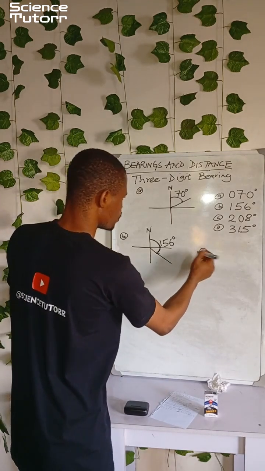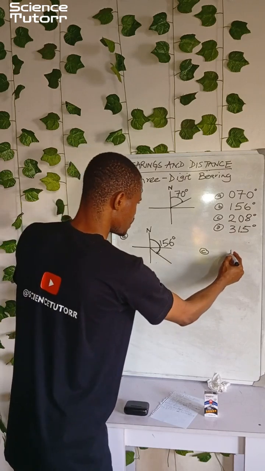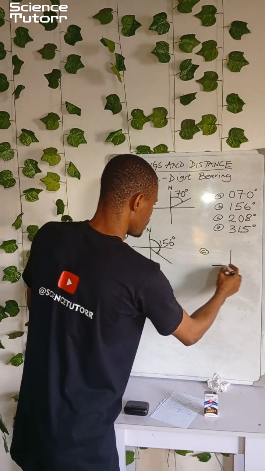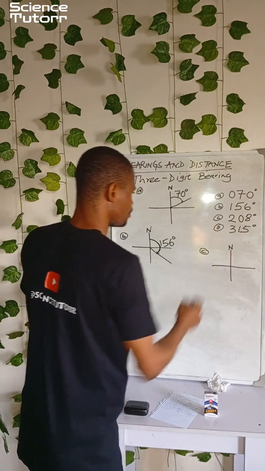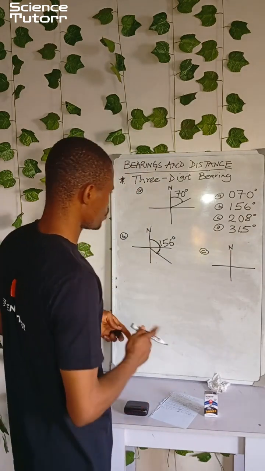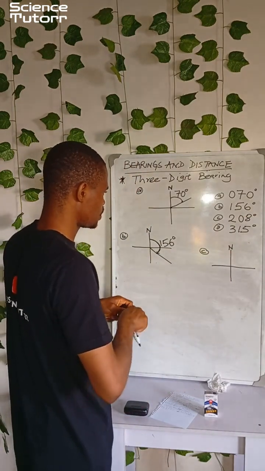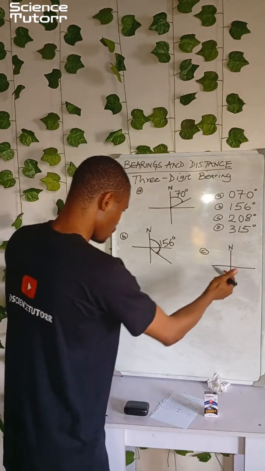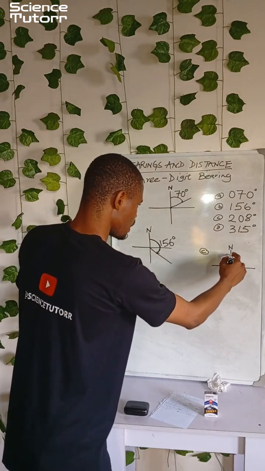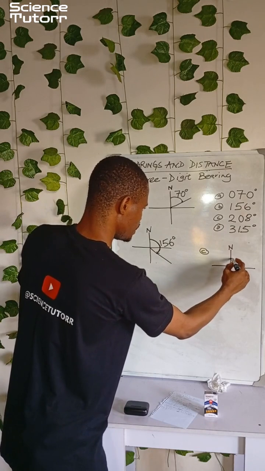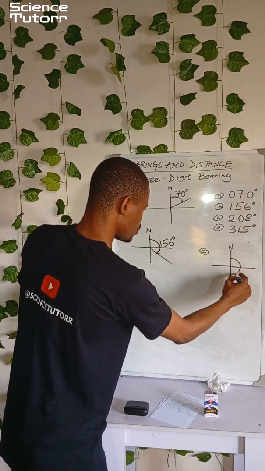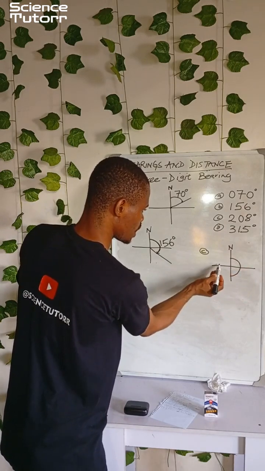The third one, we have 208. Let's still draw our cardinal points. This is north. Remember, we are beginning from the north pole. 208. Now watch. This is 90. This is 180. This is 270.